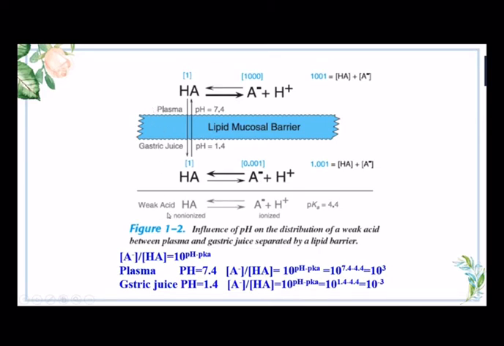For a weak acid drug, as we calculated last slide, in gastric juice more of the drug is in non-ionized form, which passes through cell membranes more easily. In plasma, more drug is in ionized form, which does not penetrate cell membranes easily. So weak acid drugs are more easily absorbed from gastric juice into plasma.